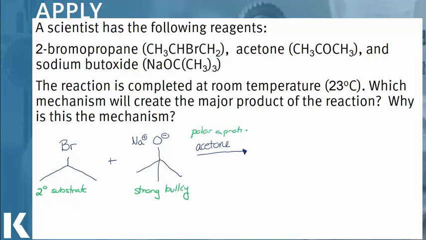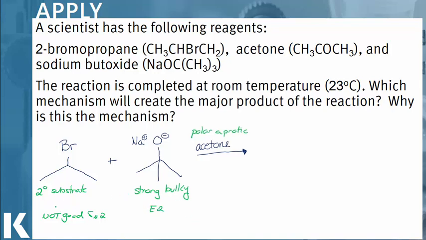So considering the different factors, if we have a secondary substrate, that's not very good for SN2, because it's a little bit too sterically hindered. When we look at our nucleophile slash base, this is a very strong, bulky base. This is good for an E2 pathway.